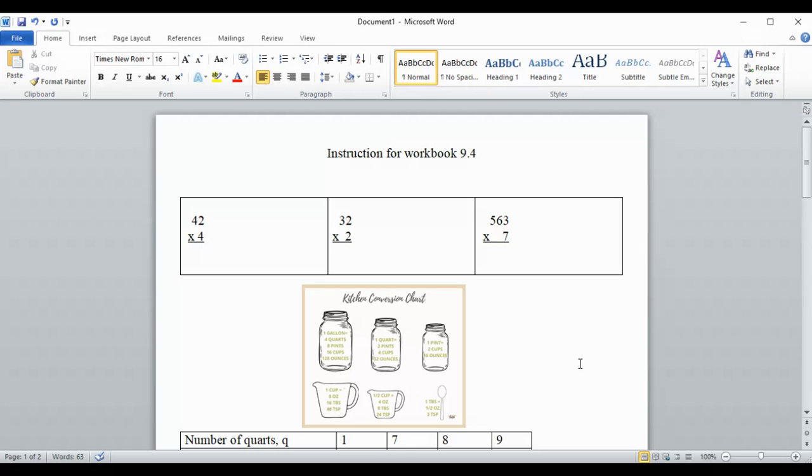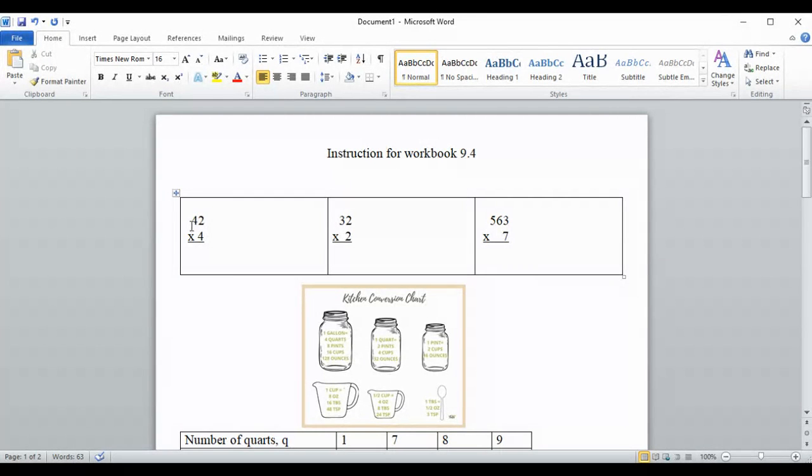And I'm just going to show you why it told you to do that, even though I'm not expecting you to do that on your paper, but it does make a lot of sense. So if you had 42 times 4 and you were estimating, you would estimate it to 40 times 4.